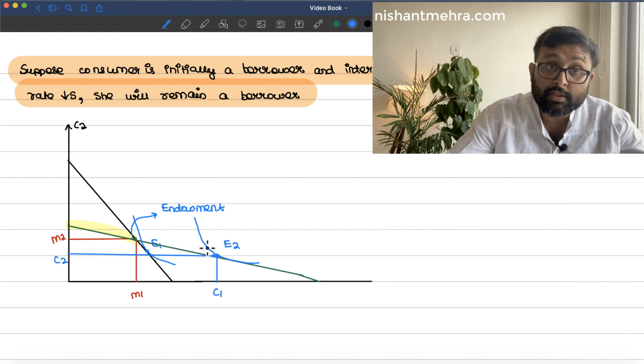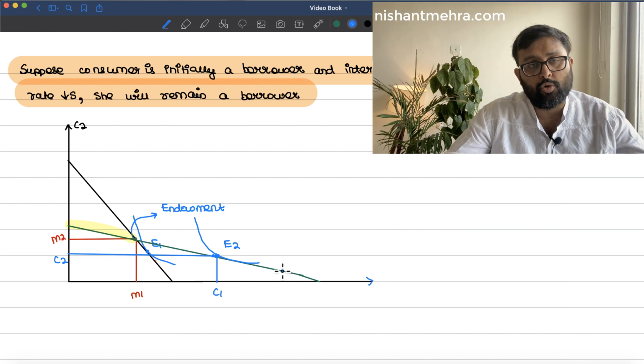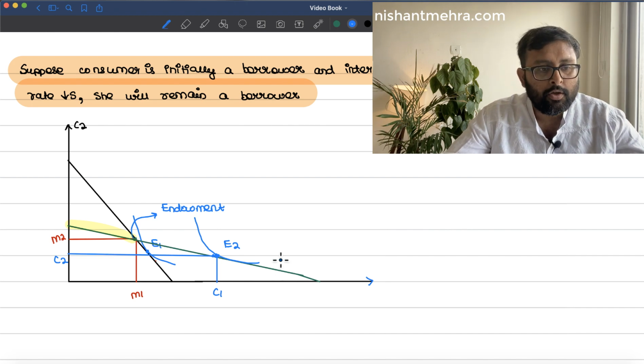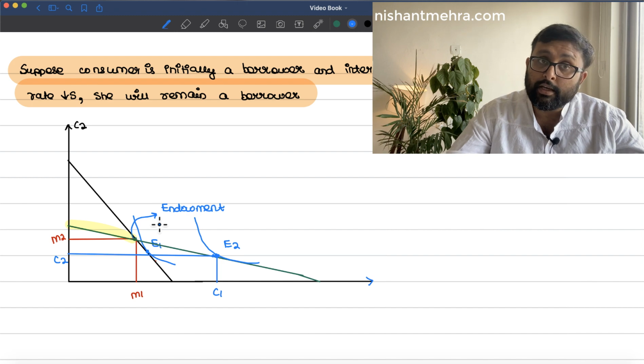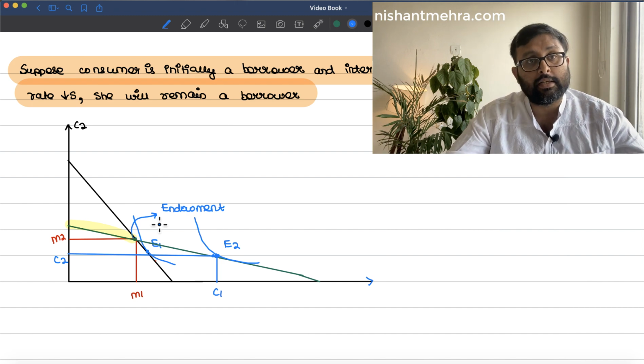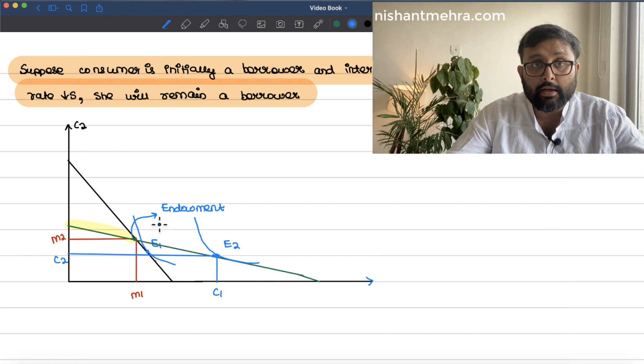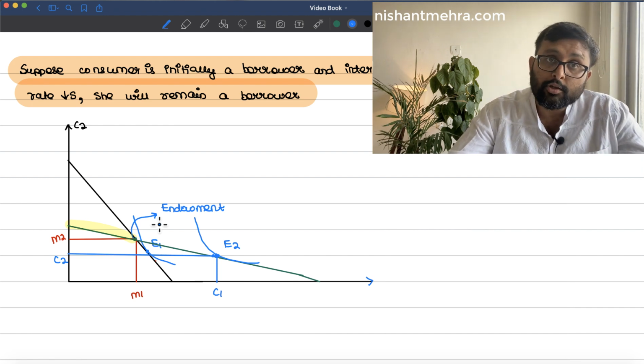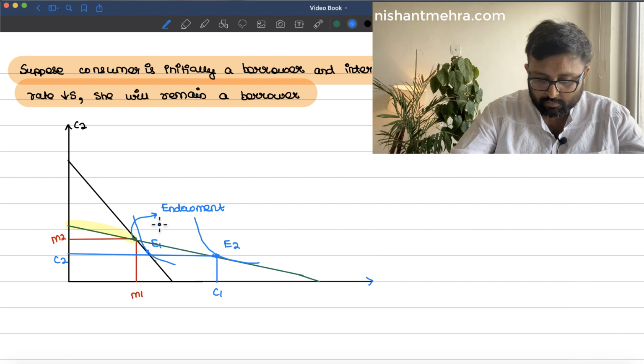So it means you're still a borrower. You were a borrower and you will still remain a borrower, with the same reasoning. When you were initially a borrower and the interest rate has declined, you will still remain a borrower. You were initially a lender, interest rate has increased, you will still remain a lender.